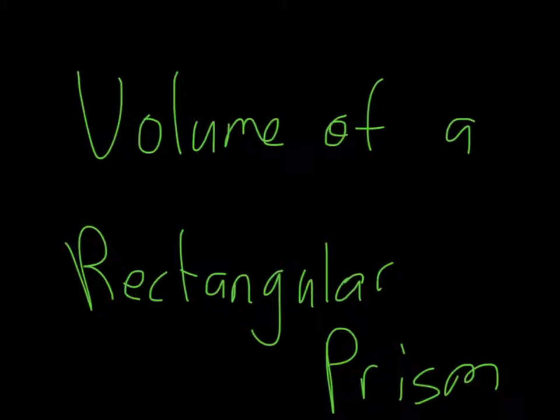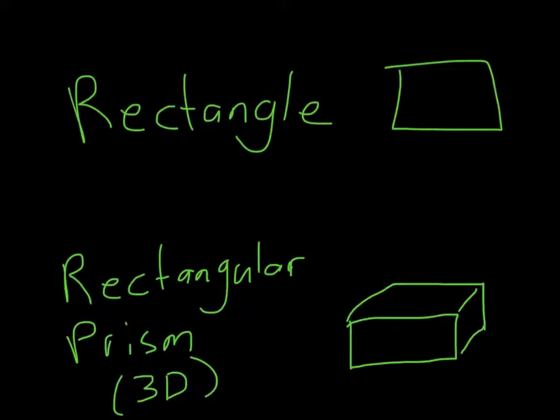Okay, so the difference between a rectangle and a rectangular prism is that a rectangle is a flat object. It has two dimensions, so we could look at it as 2D. It has its length and its width, and that's all that you need to worry about for a rectangle.